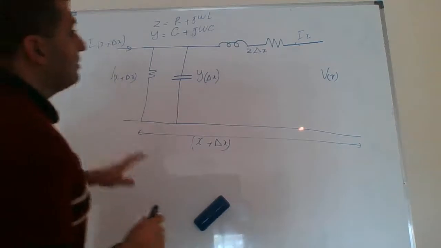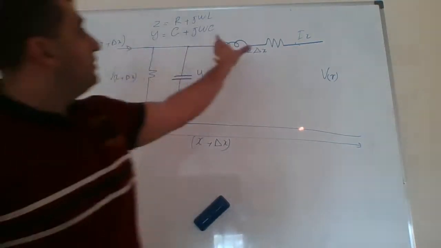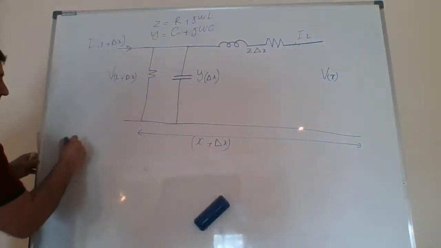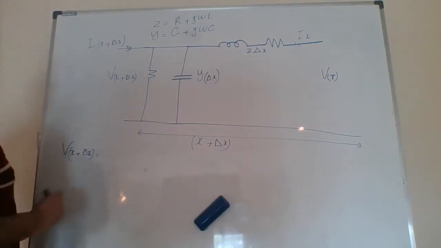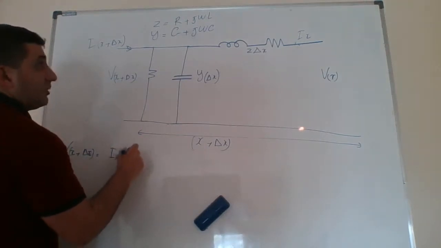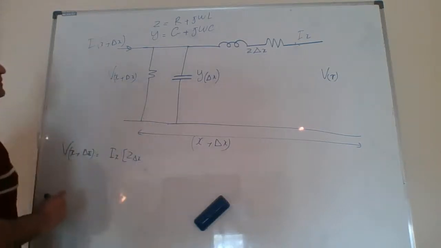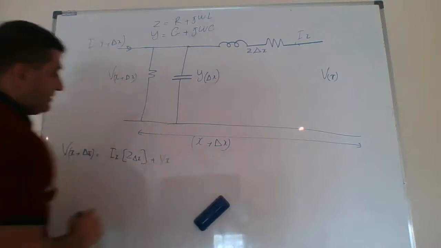Let's analyze the circuit now. This voltage is equal to this voltage plus this voltage. Let's write that down. V of X plus delta X is equal to Ix multiplied by Z delta X, plus Vx.